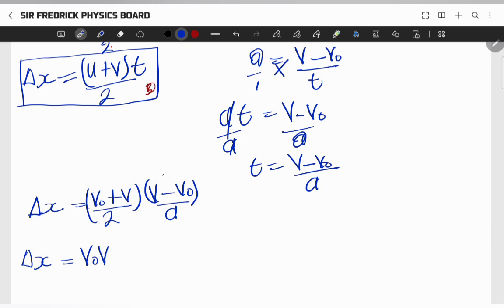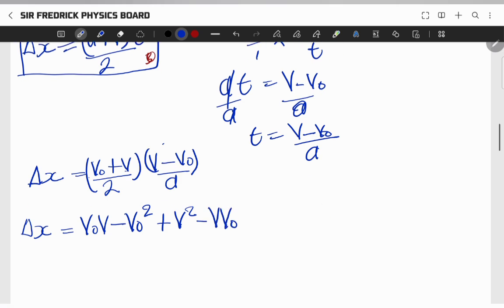Then v naught times v naught, we are going to have negative v naught squared. Then v times v is just v squared, then v times v naught, we're going to have negative v and v naught. Then 2 times a on the denominator, we are going to have 2a.